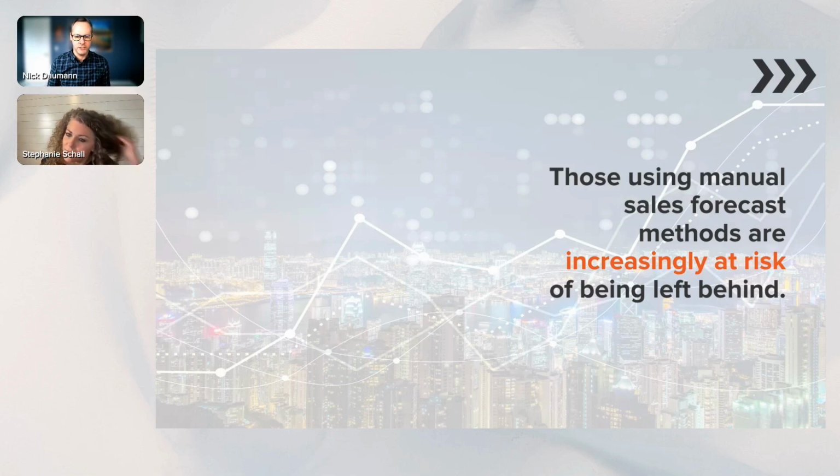They lack the ability to really analyze and dig into data. And that leads them to risk missing potential revenue opportunities and identifying risks in critical deals, or how to optimize opportunity stage progressions to achieve quota. Those that are still using manual or subjective sales forecast methods are increasingly at risk of being left behind.